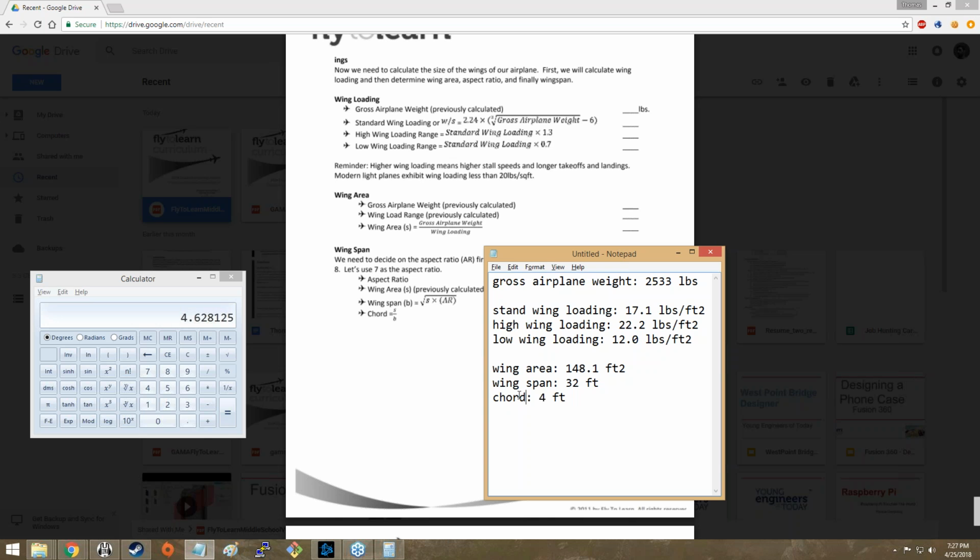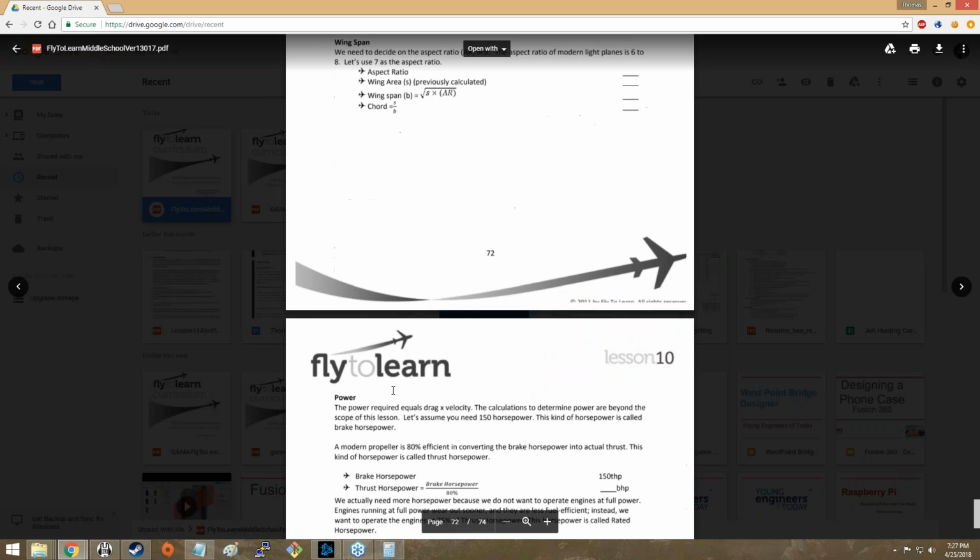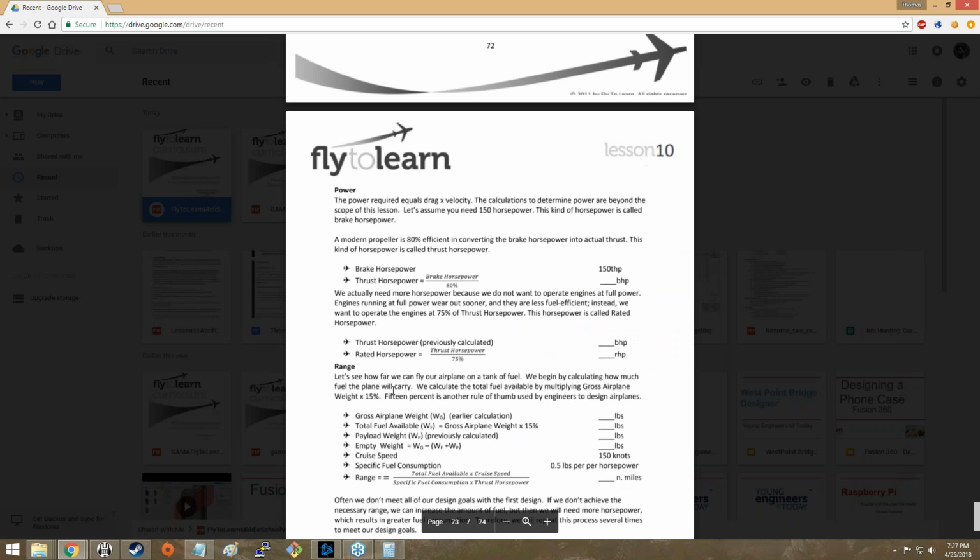So not only do we have the wing area, we have the wing dimensions now too. Cool. So the power required equals drag times velocity. So now that we've done the wings, let's worry about the engine power. The calculations to determine power are beyond the scope of this lesson. All right, fair enough. Let's assume you need 150 horsepower.